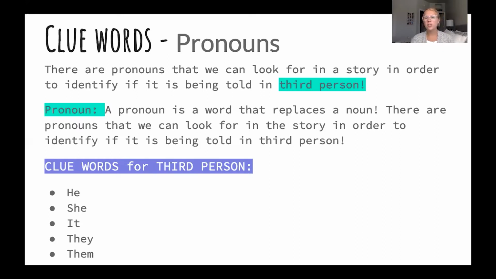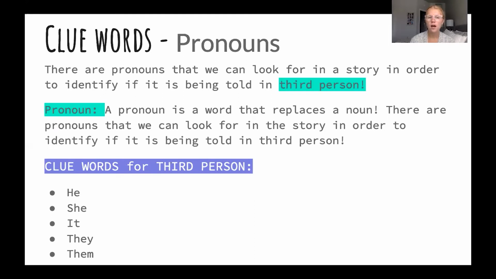So clue words for third person are he, she, it, they, and them. If you notice, these words are a little bit different from the first person clue words. The first person clue words are more me, I, but in a third person text, the clue words are again he, she, it, they, and them.